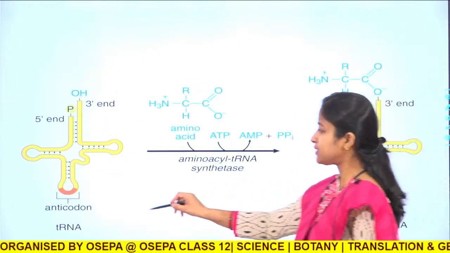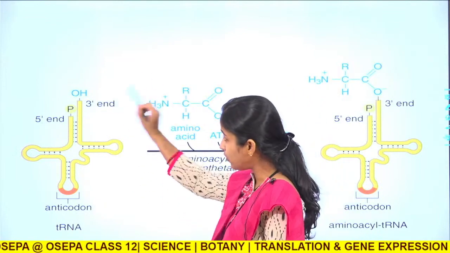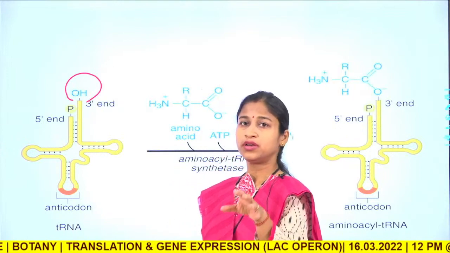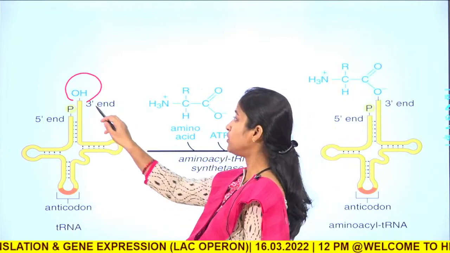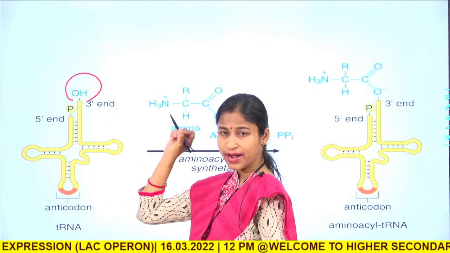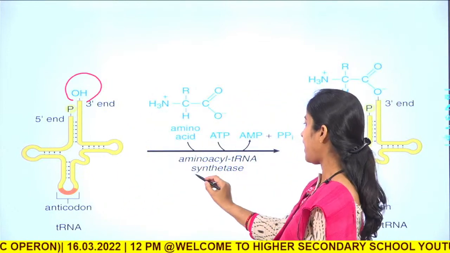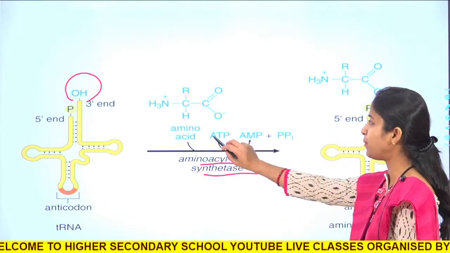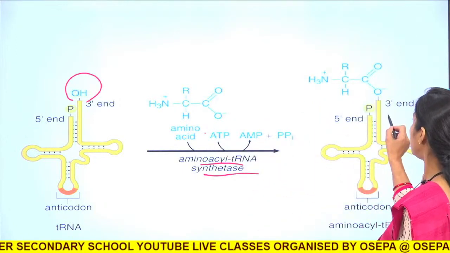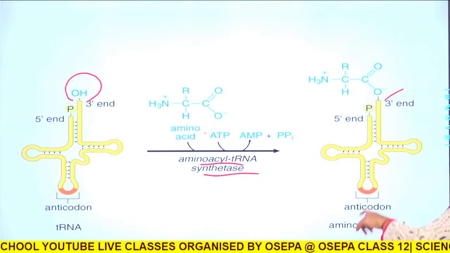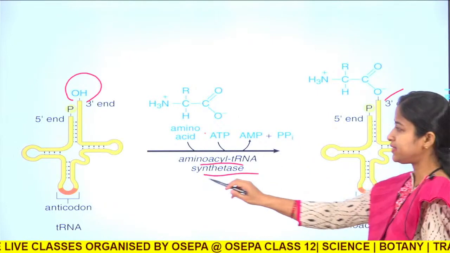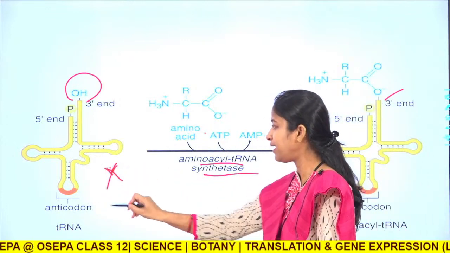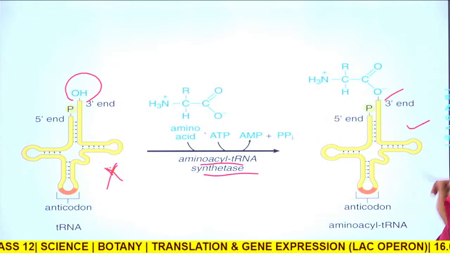Now, you see this is the tRNA, and this always loads the amino acid towards the 3' end of the tRNA. The 3' end has a hydroxyl group, obviously, and with the help of the aminoacyl tRNA synthetase enzyme, the amino acid is loaded to this 3' end like this. Now, you see the tRNA without amino acid, and this is the tRNA with amino acid.